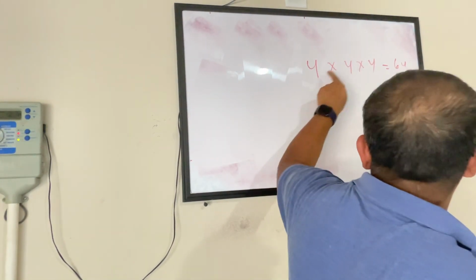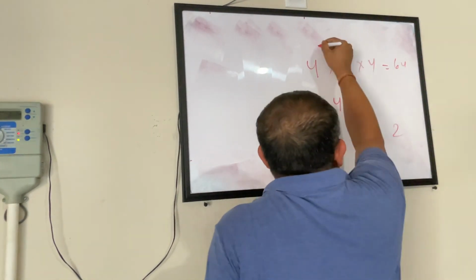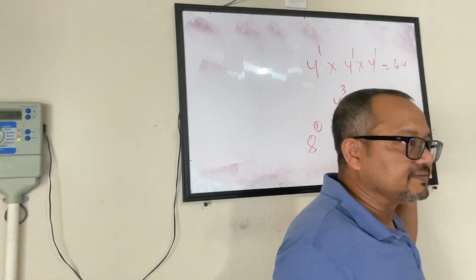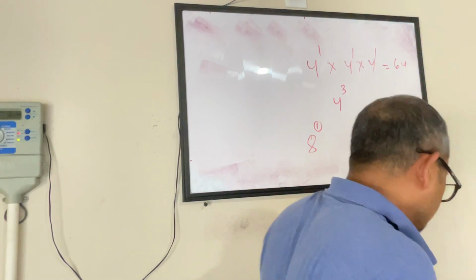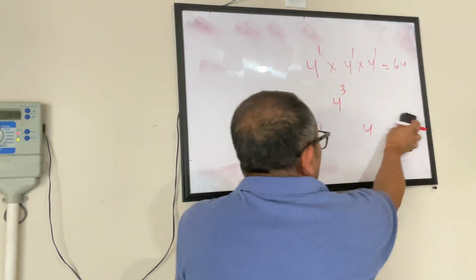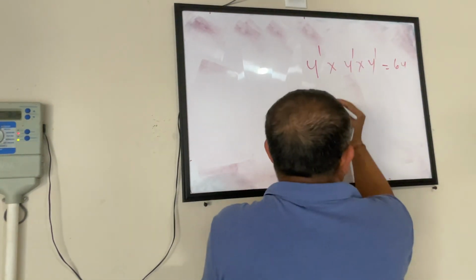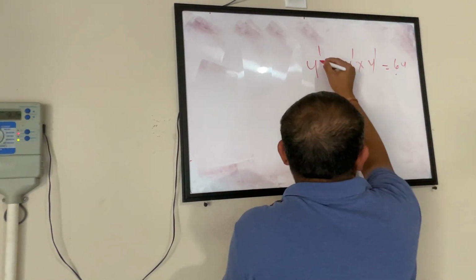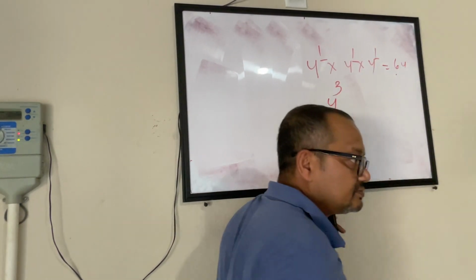So when I have 4 into 4 into 4, I can also add the powers and think like this. That is how this became 4 to the power 1 plus 1 plus 1.